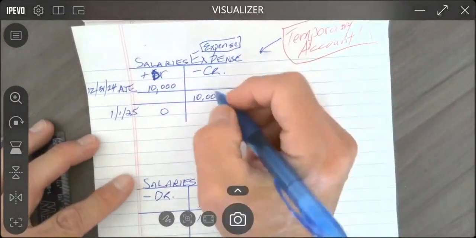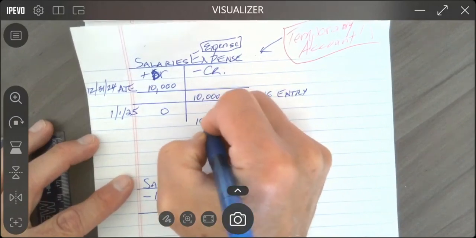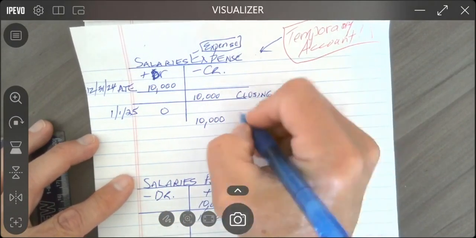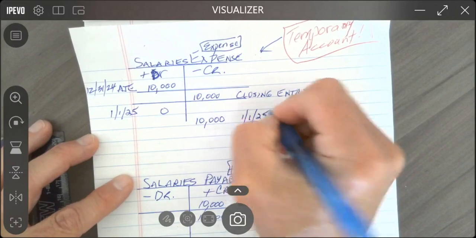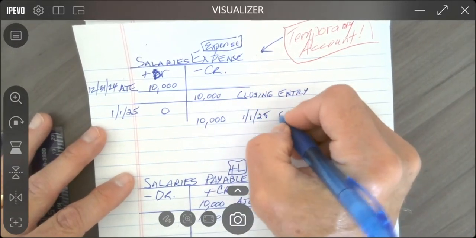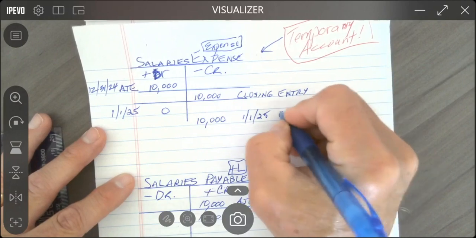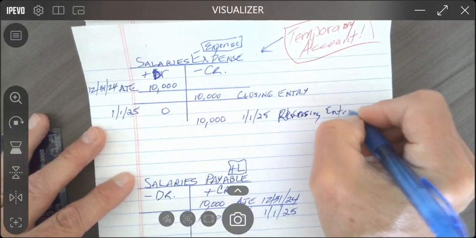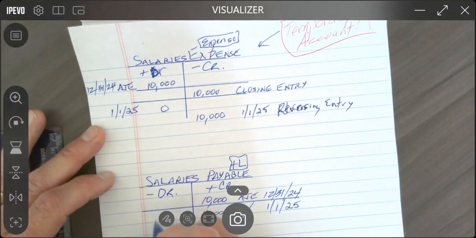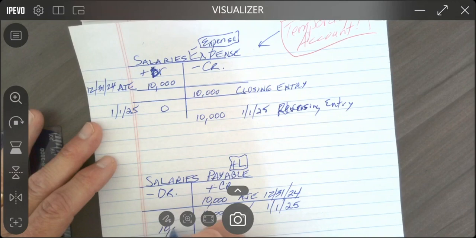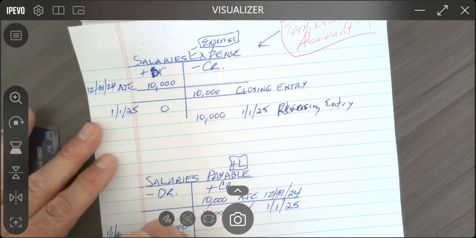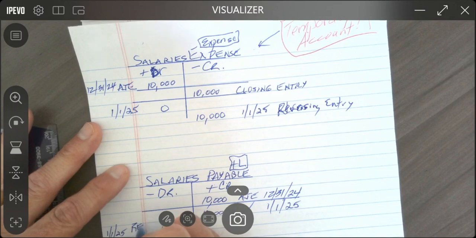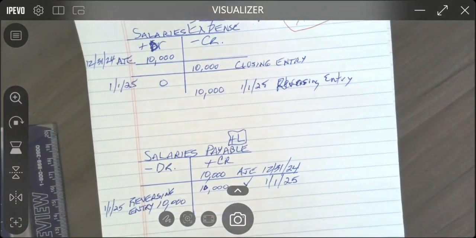We have a $10,000 credit on 1/1/25, reversing entry, and we have a debit to salaries payable, 1/1/25 reversing entry. Okay, now we have accomplished the reverse. We're done.